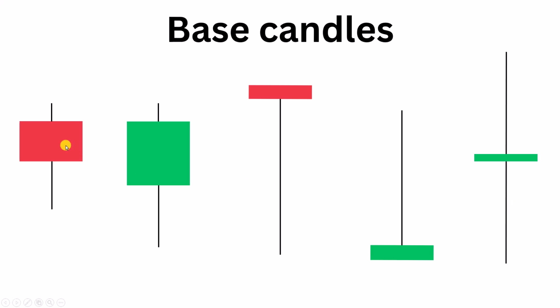Okay, so these candles are considered as base candles, and you must remember that the color of the candles does not matter in base candles. So the candles can be of red color or green color. Alright, if the wicks are longer, then they are considered as base candles.